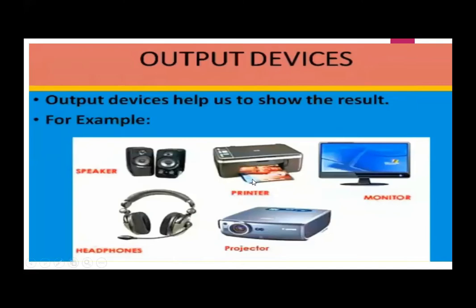Printer is used to get the hard copy from the computer. Through the printer we receive the output on paper, and the printed output that we get from the printer is called the hard copy.